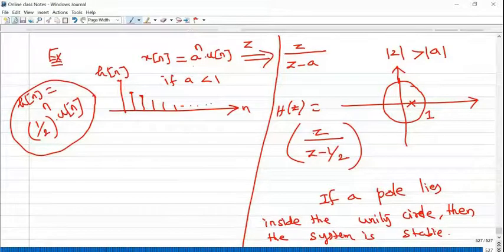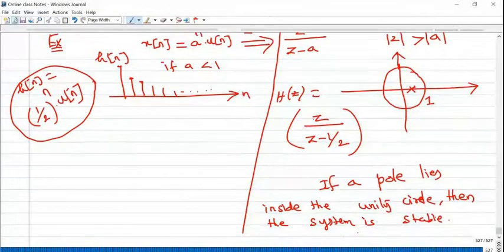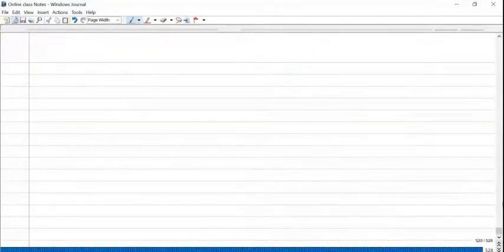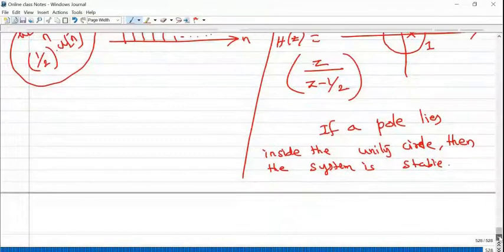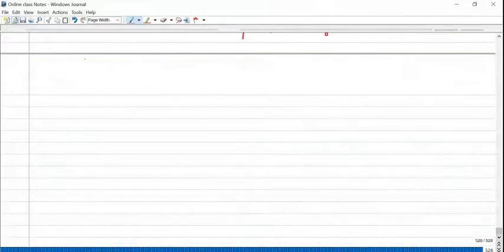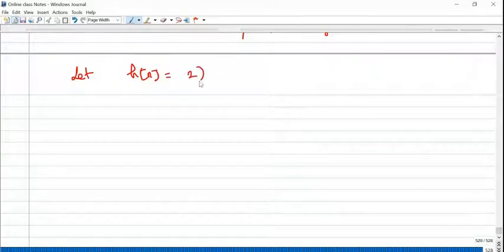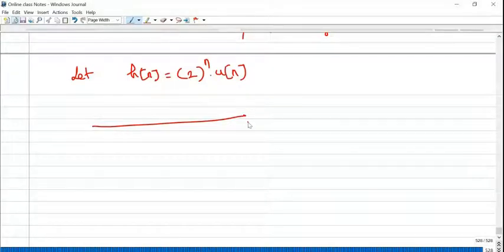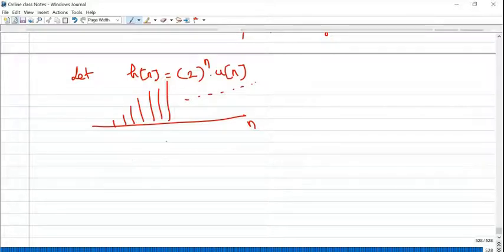Suppose A is greater than 1. What is your signal? Let h of n equal to 2 power n u of n. Plot n versus h of n. It's an unbounded signal; it reaches infinity as n goes to infinity, so this is unstable.